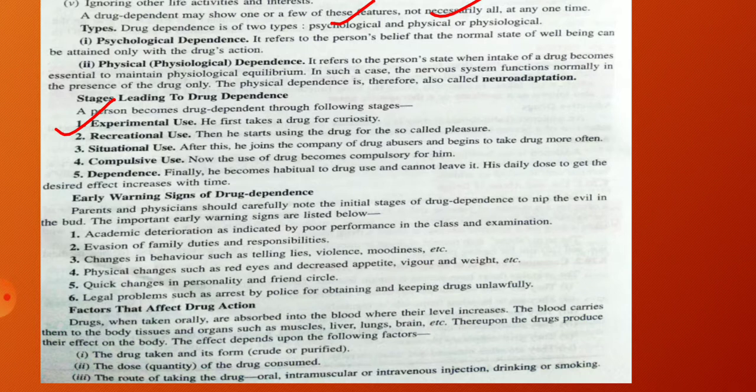First thing, that is academic deterioration, as indicated by poor performance in class and examinations, because he is always disturbed or always thinking about that particular drug, because he is already addicted to it. He wants to know where the drug is available or not, or how he could get that particular drug.